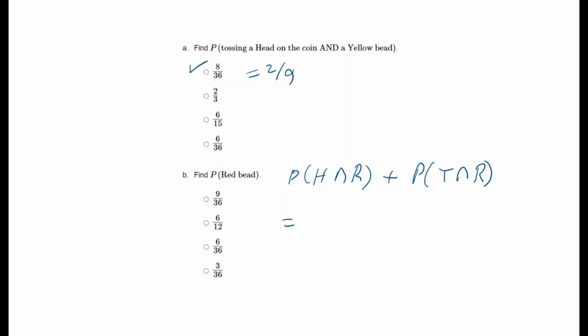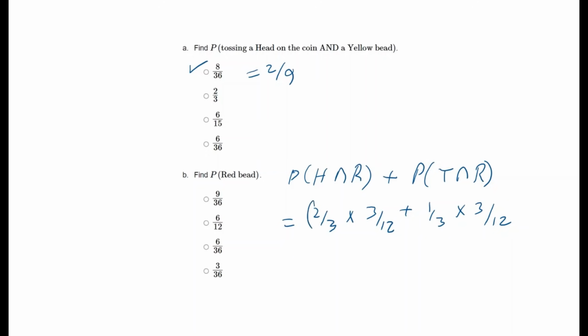This gives us 2 by 3 times the probability of getting an R, which is 3 by 12, and then the probability of obtaining a tail was 1 by 3, times 3 by 12. We know that when there are intersections and they are independent of each other, then we always multiply the probabilities.